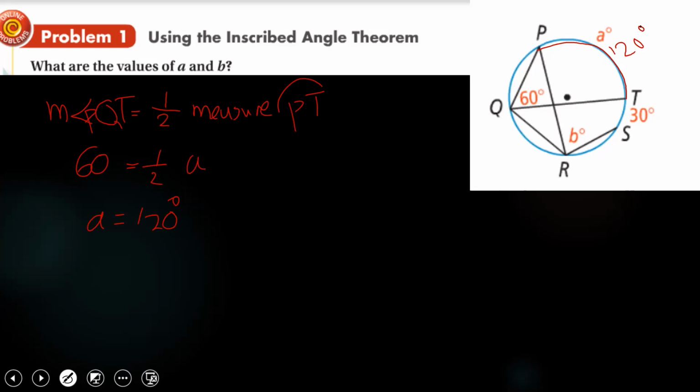To find B here, where's angle B? This is angle B. And where are the end points of this angle B? It will be this one, S, and P. So it will be S and P. So for this angle PRS, where is its intercepted arc?